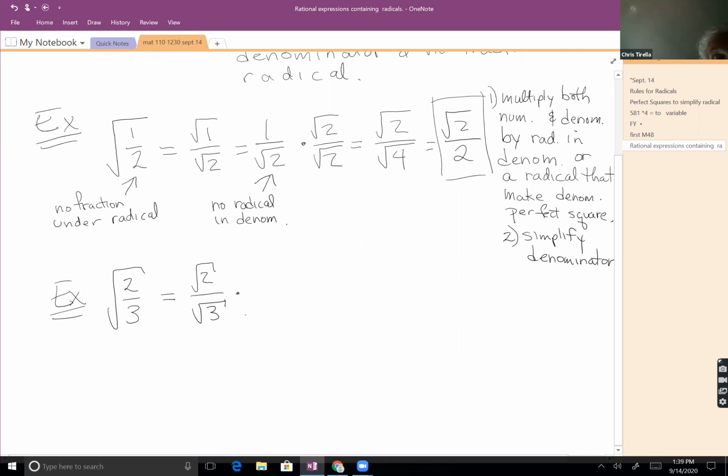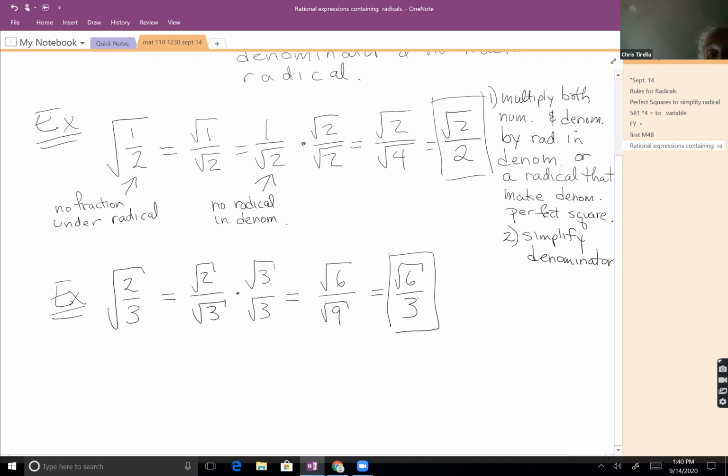Denominator, it's radical 3. So I'm going to multiply both numerator and denominator by radical 3. Again, I'm doing a little bit of a check here. Since I'm multiplying top and bottom by the same thing, I'm multiplying by 1, which means I'm not changing what it equals, just what it looks like. So that gives me radical 6 over radical 3 times radical 3 is radical 9, or radical 6 over 3. And I'm going to stop there. I'm done.